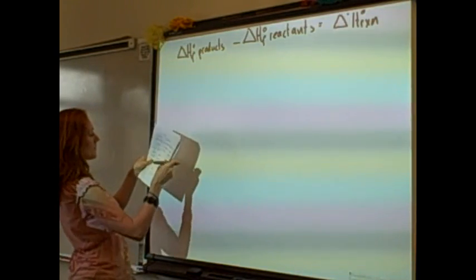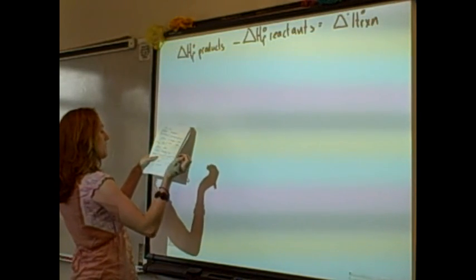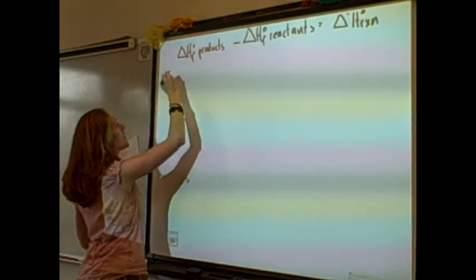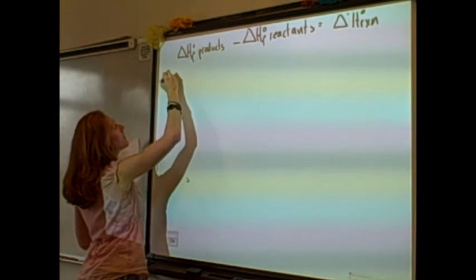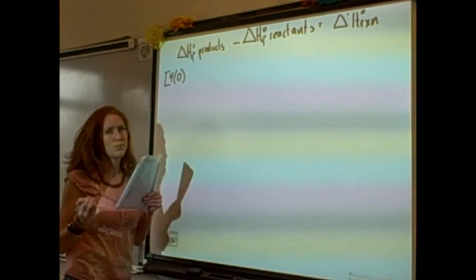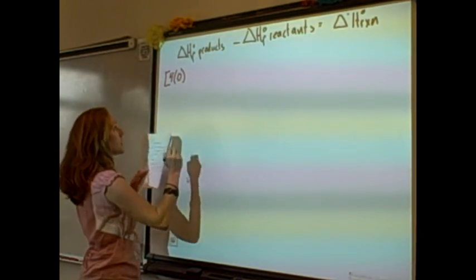So let's see. I had 4 moles of silver. One of the products was silver, and the change of enthalpy of formation for those 4 moles of silver is 0 because it already is an element.